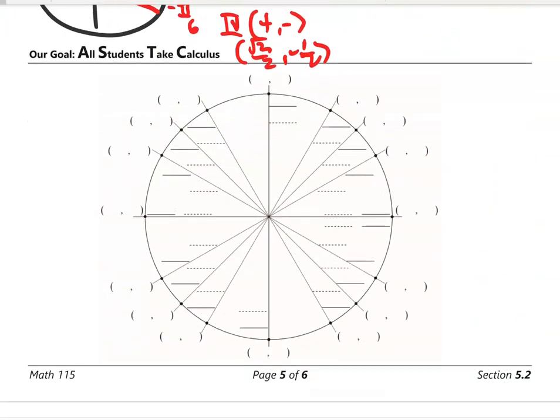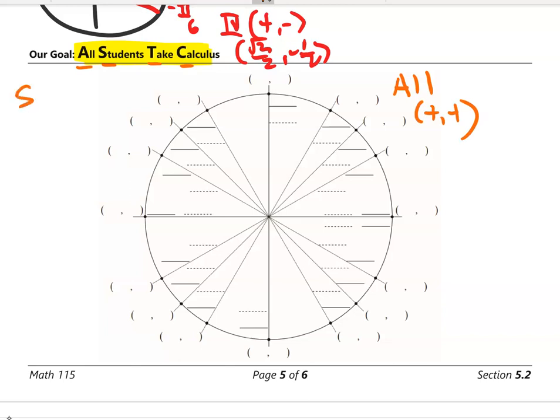Next, our goal is to complete this unit circle. And remember this, all students take calculus, meaning we have A, S, T, and C in quadrant 1. This is all is positive.